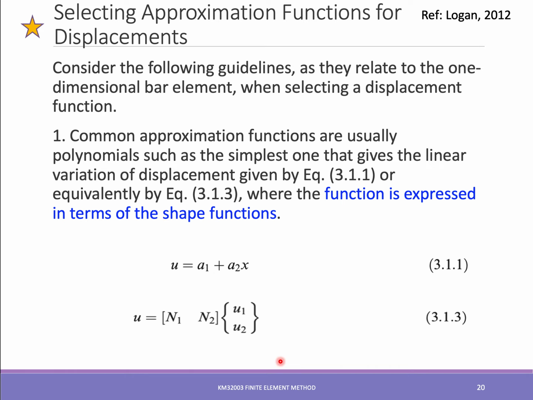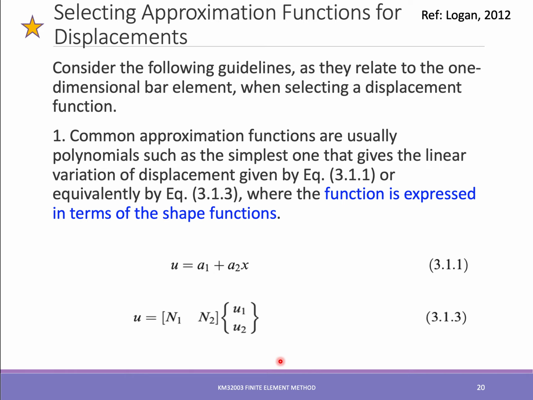So now we move into the displacement functions, or here we say approximation functions for displacement. In short, it's basically the displacement functions that we have derived for the bar element.